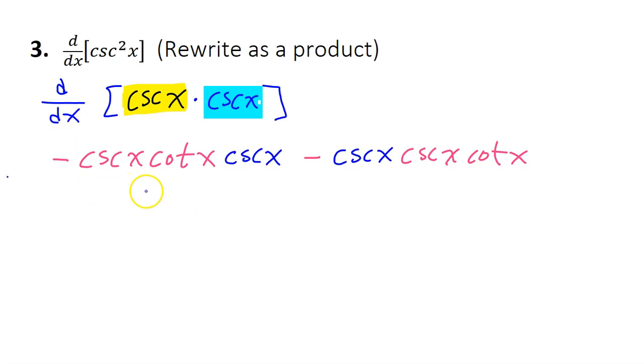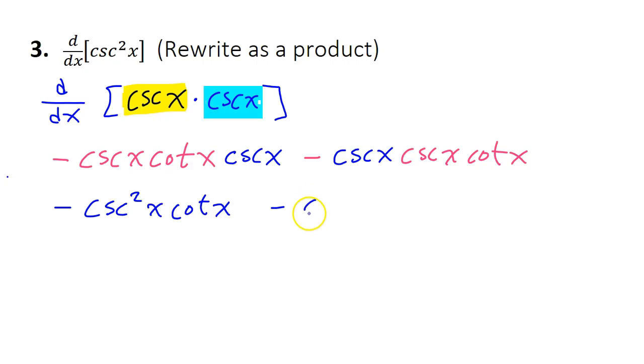But we need to get ready for multiple choice questions, and this does simplify quite a bit. So first of all, we see that each of these have cosecant x times another cosecant x. So of course that's going to be negative cosecant squared x cotangent x. And this is the same thing.